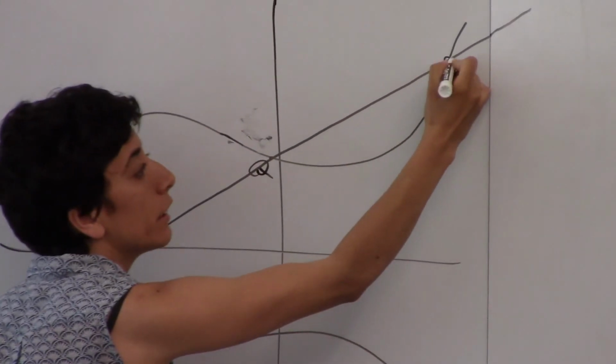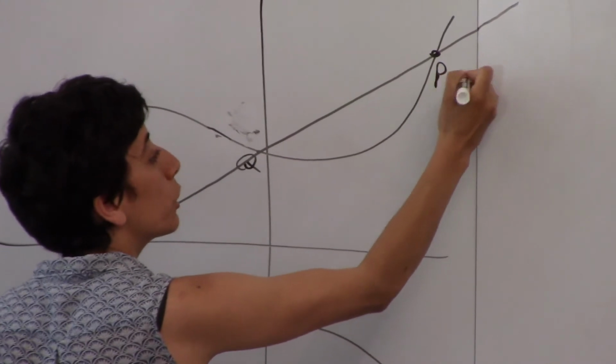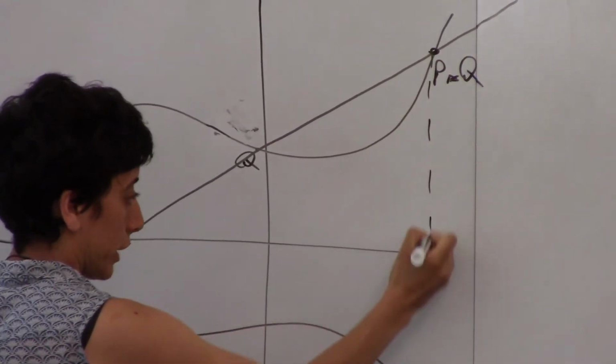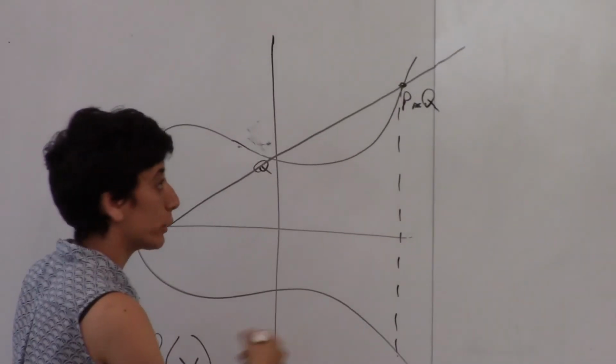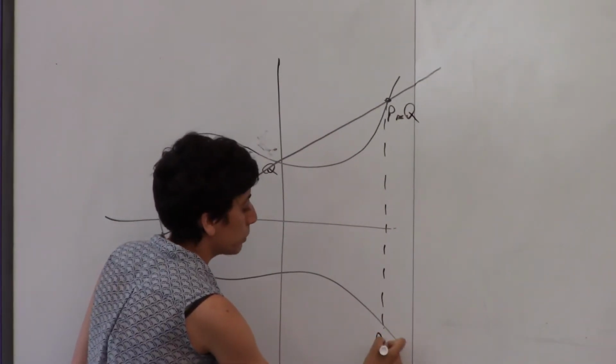Then if you draw a line between these 2 points, since it's a cubic equation, it will intersect the curve at another point, which I'll denote by P star Q. And if you take the symmetry of this with respect to the x-axis, then you will get P plus Q.